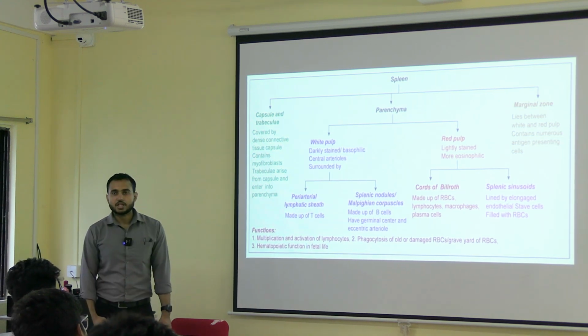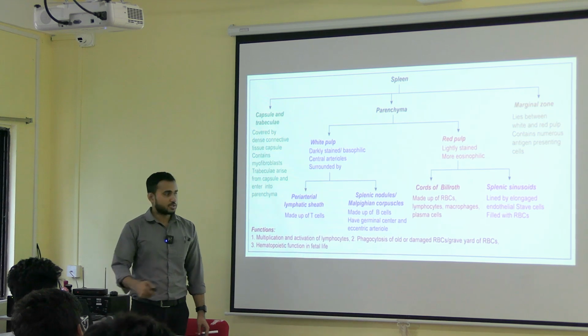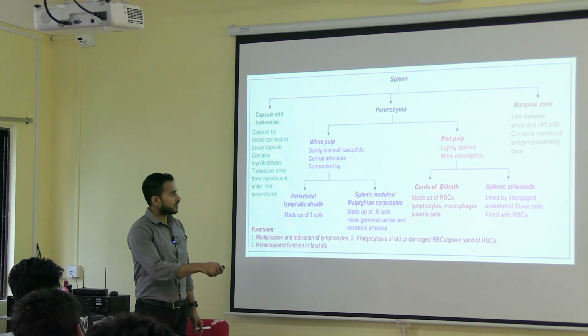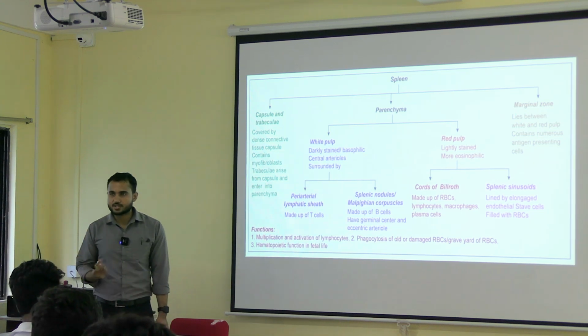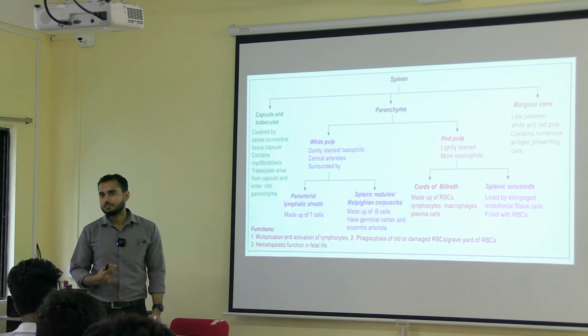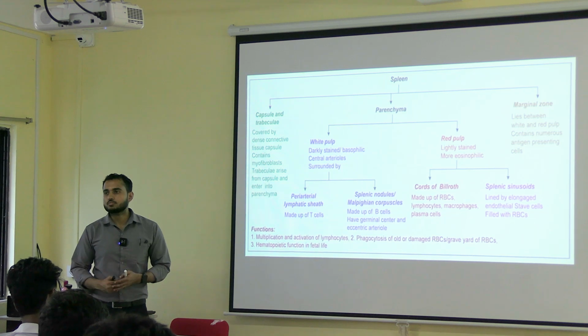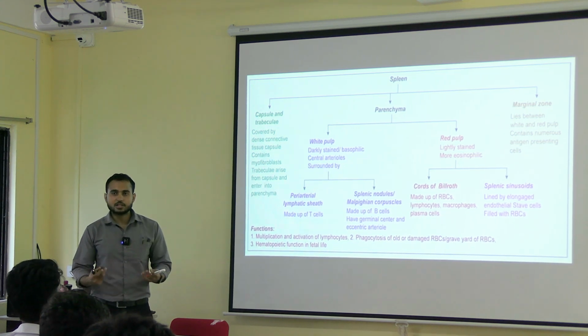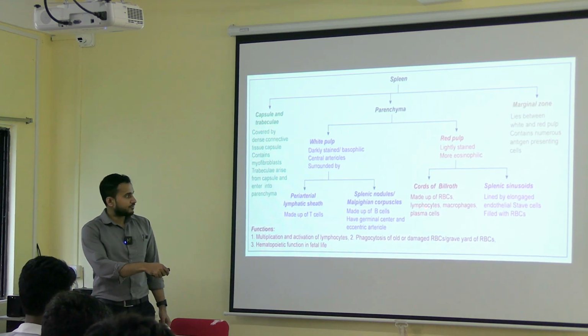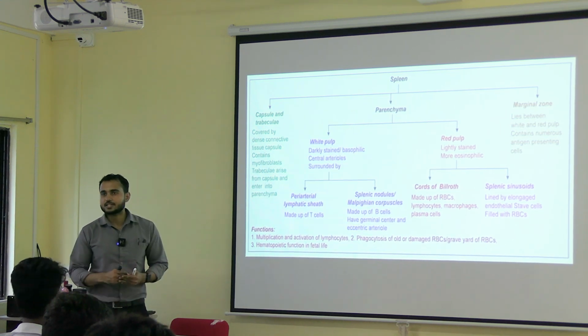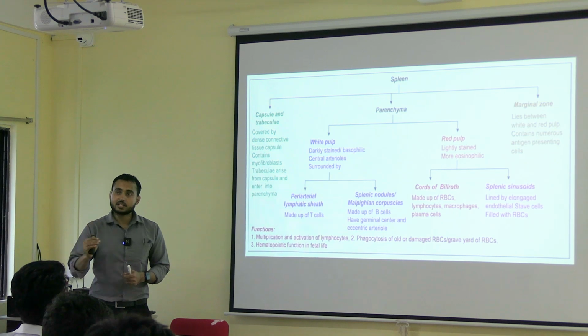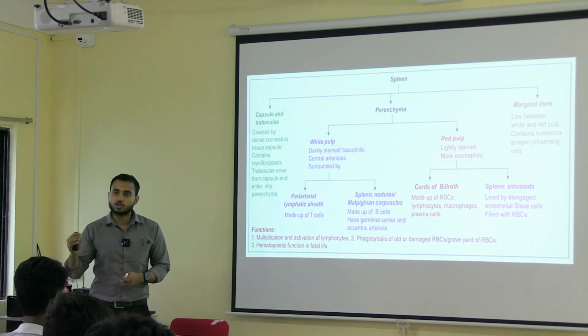Next, what about the red pulp? How is it formed? It is formed by two things. As you can see, cords of Billroth. Now, what are the cords of Billroth? Different types of cells present in the red pulp, in the form of anastomosing cords. What are the different types of cells? RBCs, lymphocytes, macrophages, plasma cells. These cells are arranged in the form of branching and anastomosing cords.